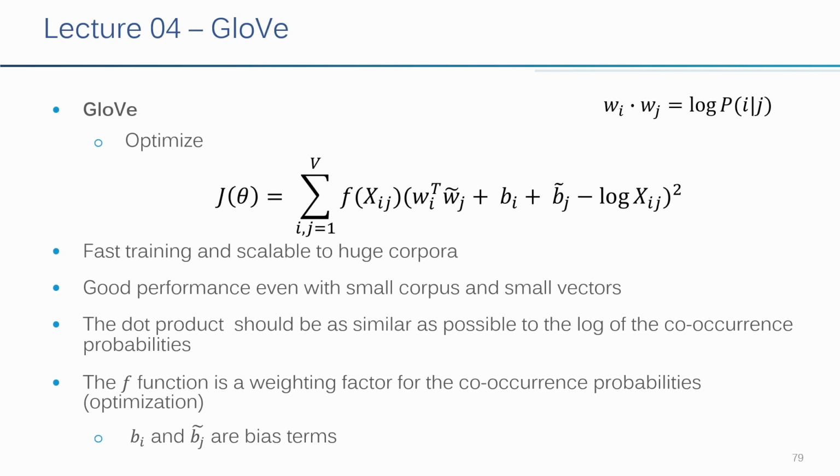And pretty much in comparison with word2vec, our function right here is a bit different in this case, but you don't have to worry, we will not do this for now. And by doing this, and by of course also adjusting the values of our vectors accordingly, we will end up with a good representation of our words according to the corpus that you are considering.